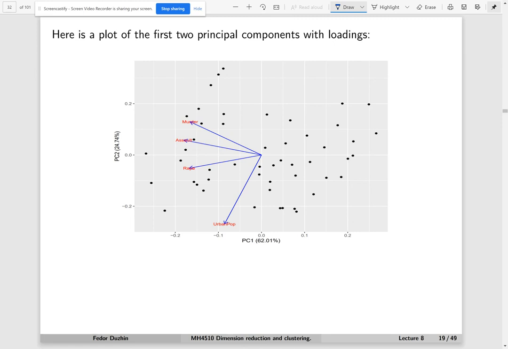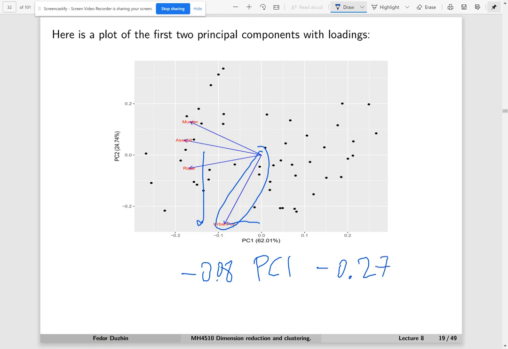So it means that urban pop is actually about, I guess, minus 0.8, probably, something like this, times the first principal component, minus about 0.08, and this should be probably 0.27, I guess, times principal component 2.